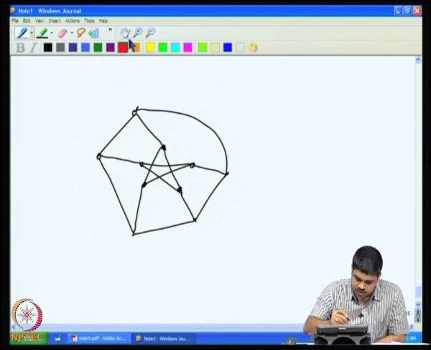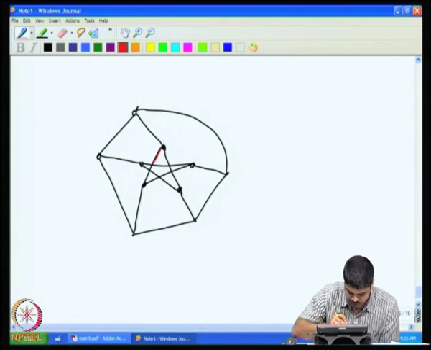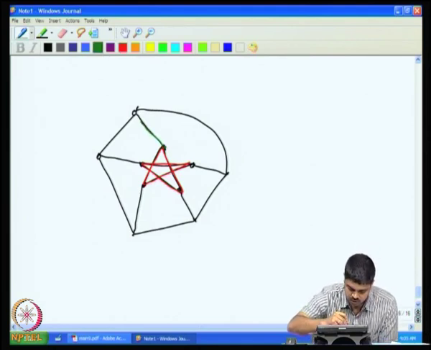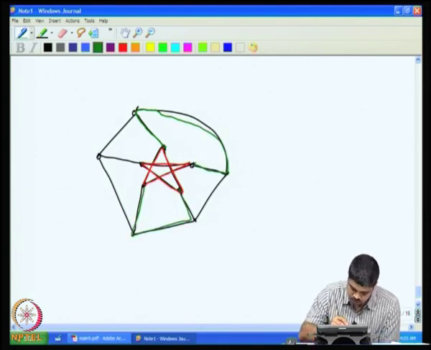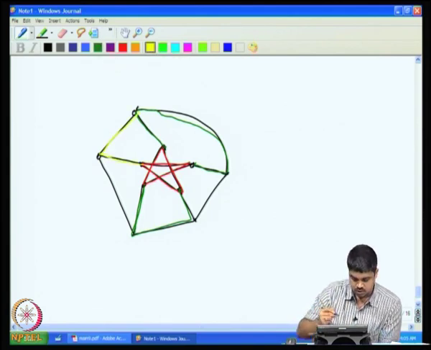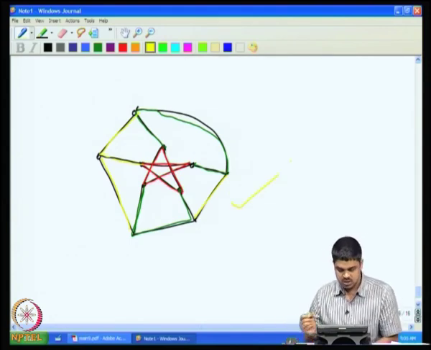If you want to look at an ear decomposition, I can start with a cycle, this cycle, it is a simple cycle, and then you can add this ear, and then you can add this ear, right, then you can add the new ear, and then the remaining ear is this edge, right. So, you got this Petersen graph constructed. This is the ear decomposition.